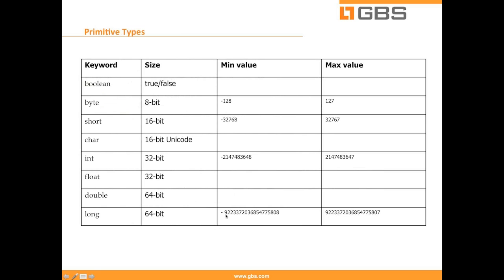Here's just a reference table for you of the different primitives: boolean, byte, short, char, int, float, double, and long. The best practice is not to create a variable larger than what you need. In other words, you don't want to create a double when a float will do. You don't want to create a float when an int will do, or a short.